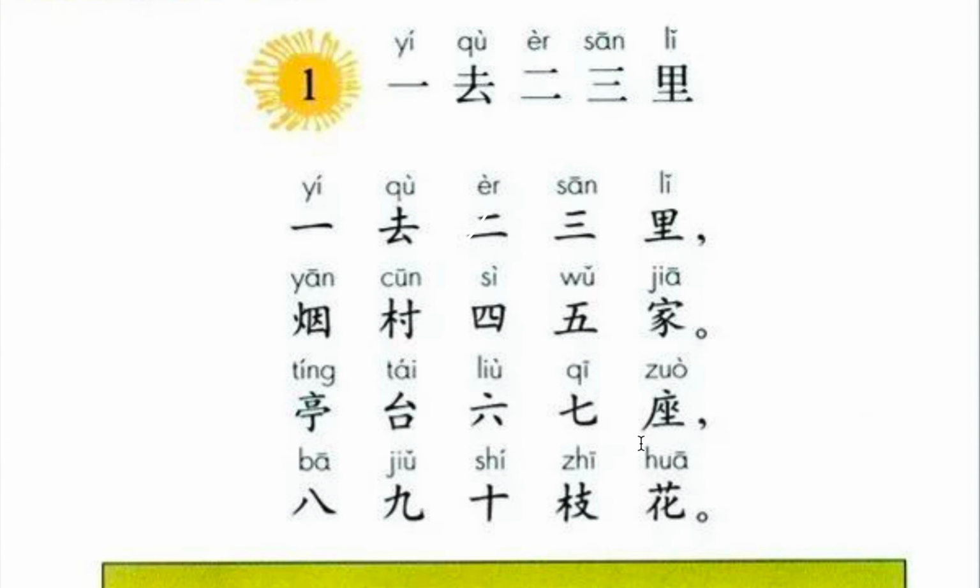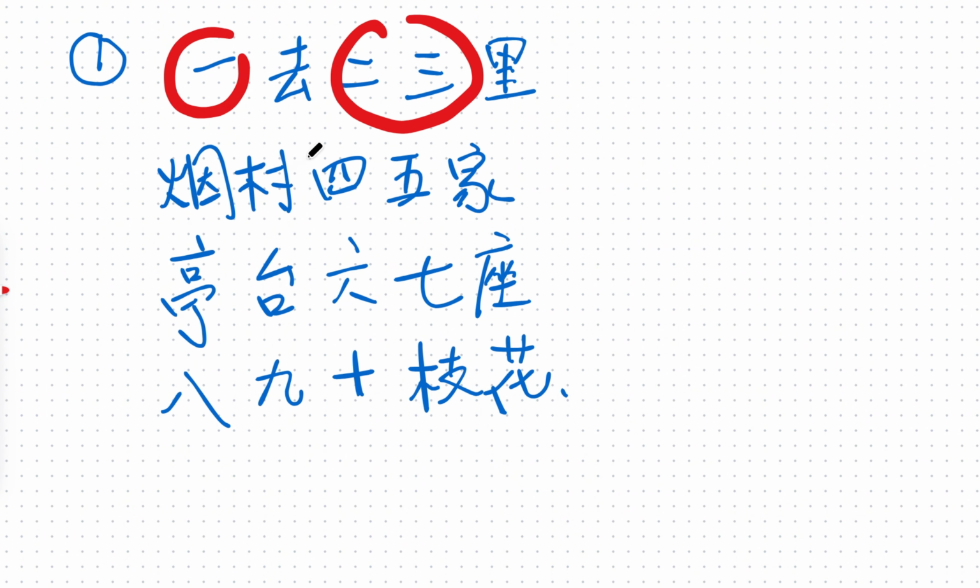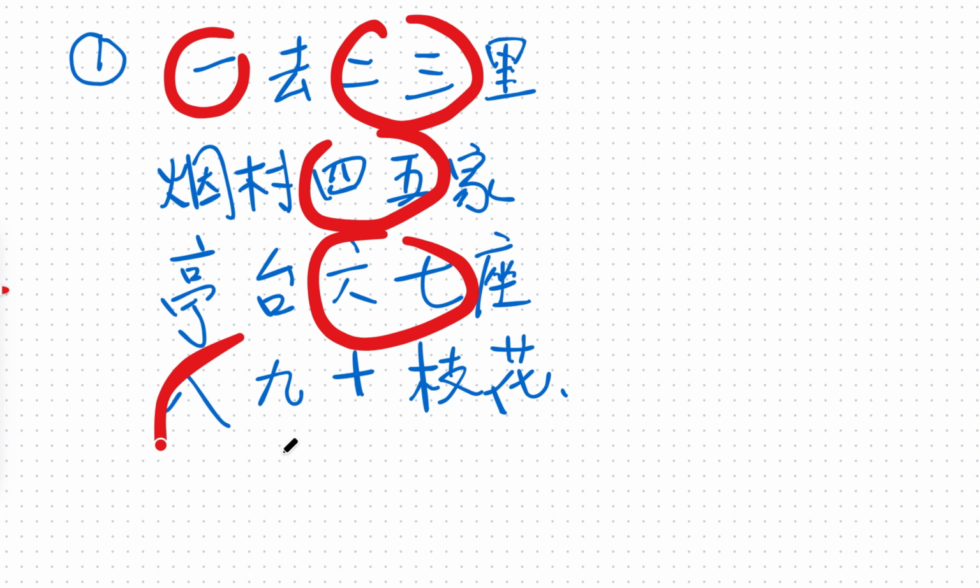According to this poem, these are the characters for 1, 2, 3, 4, 5, 6.